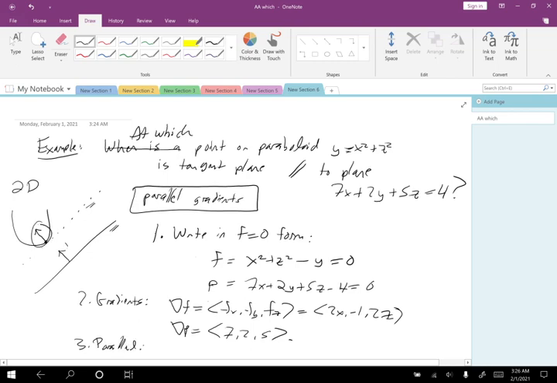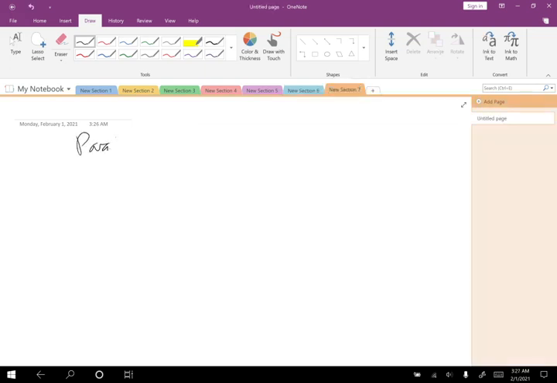Remember, we need the gradients to be parallel in order for the tangent lines to be parallel. This is really planes, but it's the same idea. So the parallel condition, another way of saying this is that the cross product of these two things is 0, right? Because the cross product tells you how orthogonal two vectors are.